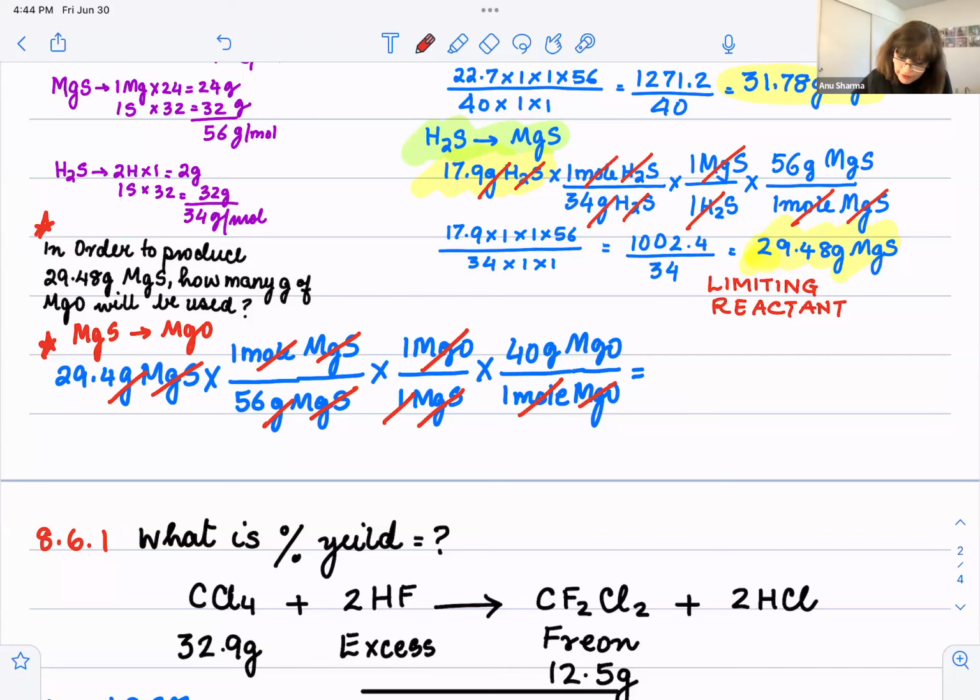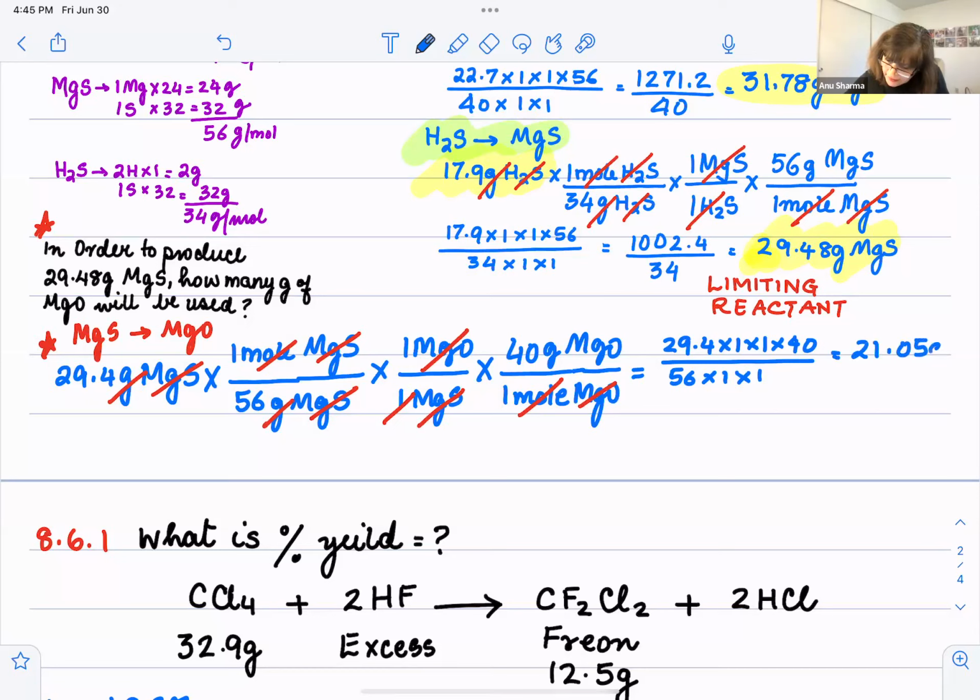So you are just left with 29.48 times 1 times 1 times 40 grams of magnesium oxide, over 56 times 1 times 1. So let's do this: 29.48 times 40 divided by 56, and that is 21.05 grams of magnesium oxide will be used.